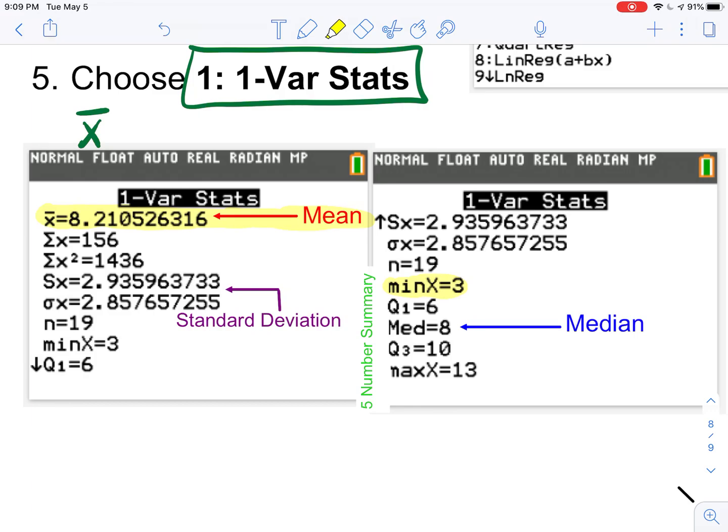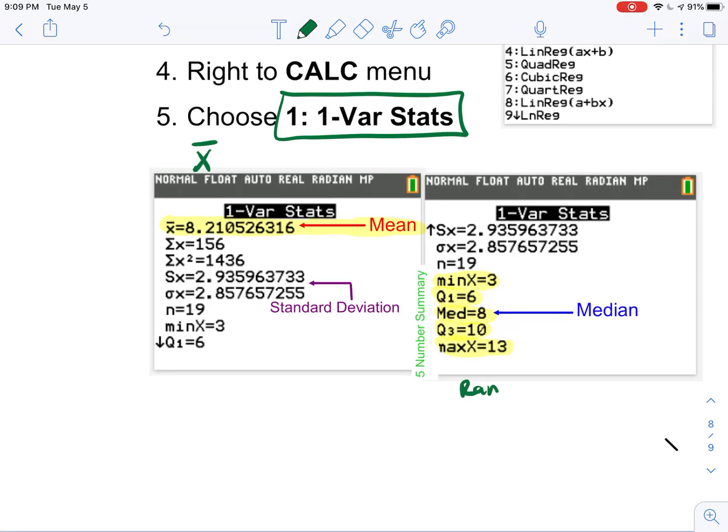What else is found in this information? Well, if you scroll down a little bit, you should see min X, which is our minimum, Q1, median, Q3, and max. So our 5-number summary is found all the way at the bottom of this list, okay? Now, what don't you see on this list?